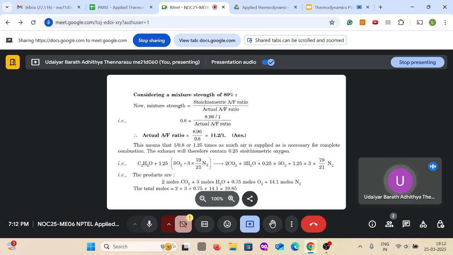So similarly, if we consider 80% mixture strength, the stoichiometric air-fuel ratio is 8.96, divided by the actual air-fuel ratio, which is 11.2.